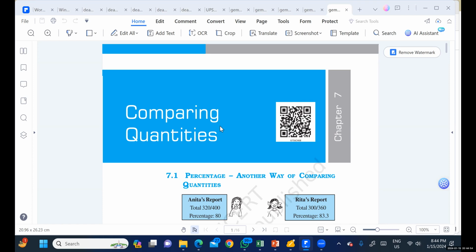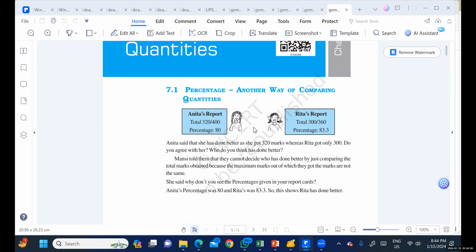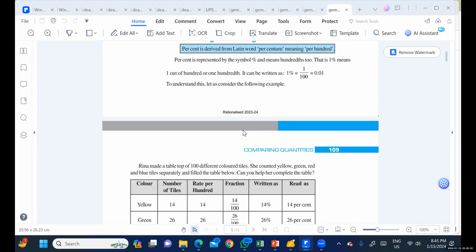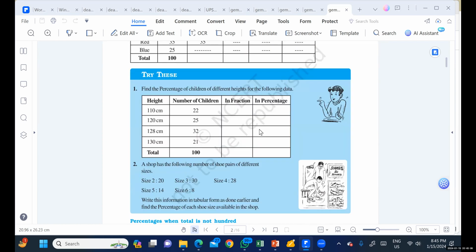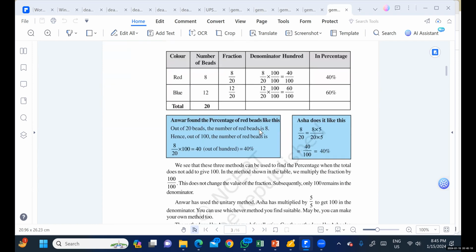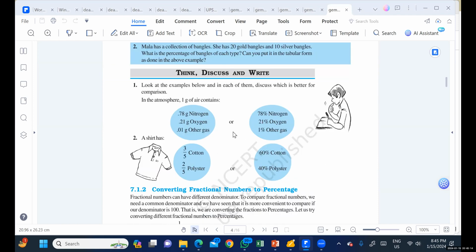This chapter 7, percentage, another way of comparing quantities. So we are going on interest and compound interest, principal and interest. Maths is very interesting.